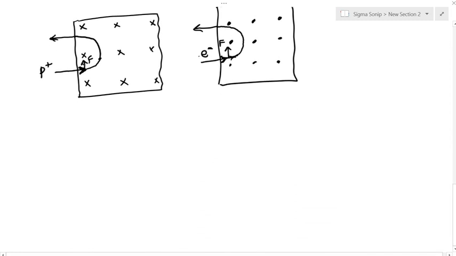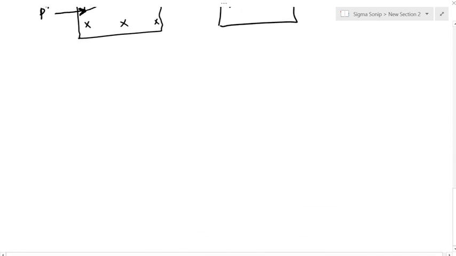Let's look at one more case here. Suppose we have a magnetic field going into the page, and we send three particles here.